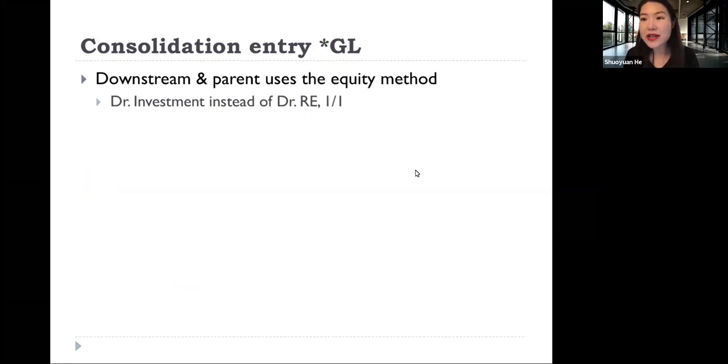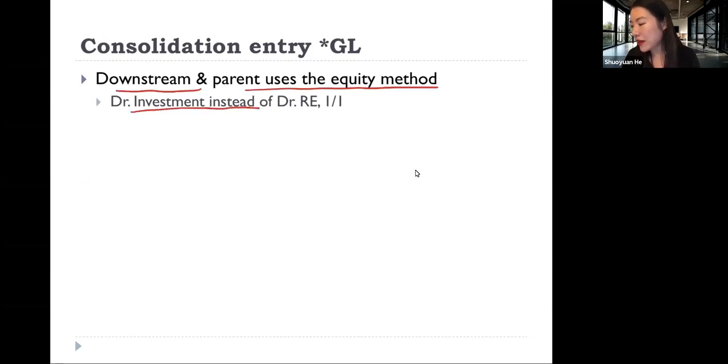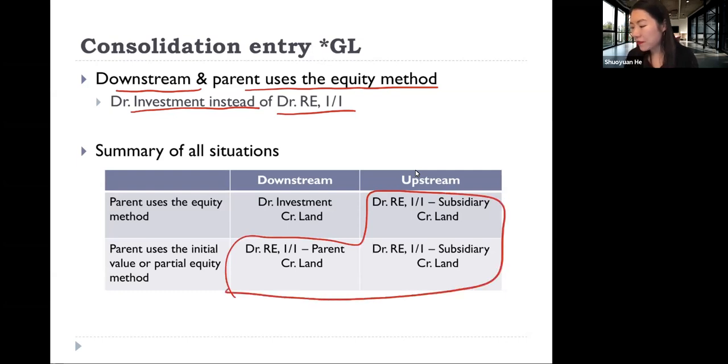And here is an exception. If it is downstream, the parent using the equity method debits the investment account instead of retained earnings. This is the same idea as what we did in the *G entry. So as a summary, we have a 2x2 situation again. In all of these situations, except if the parent is using the equity method and it is a downstream transfer, those entries debit retained earnings at the beginning of the year for the seller.